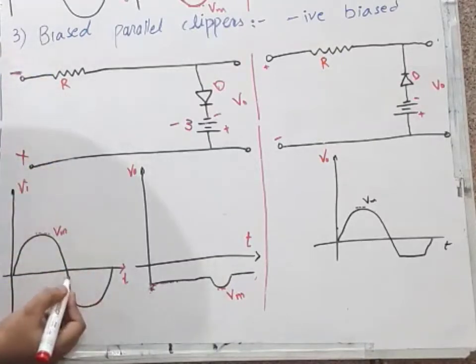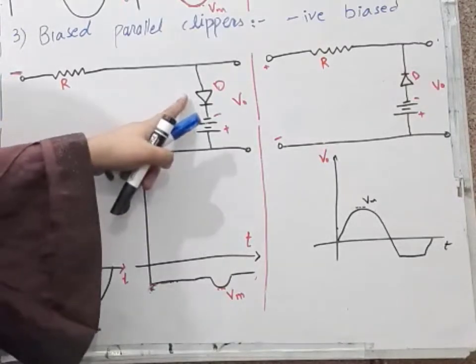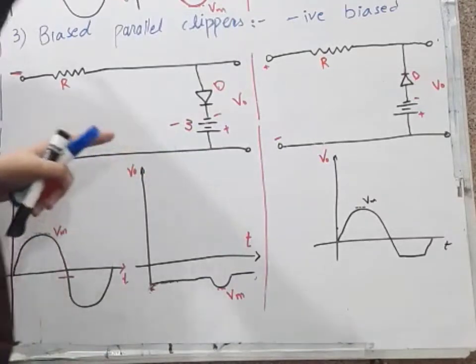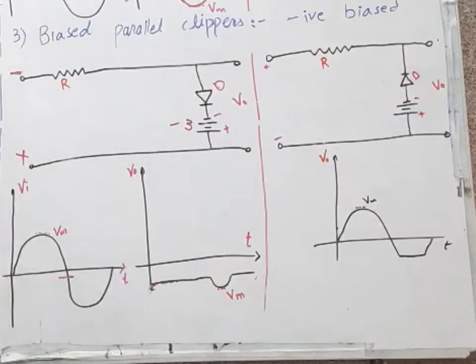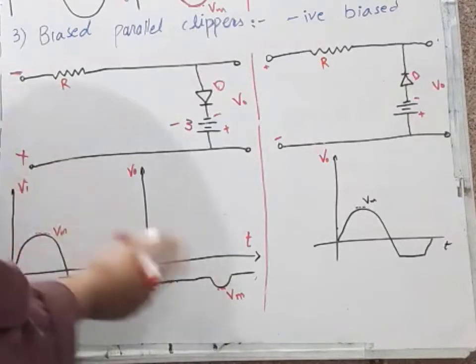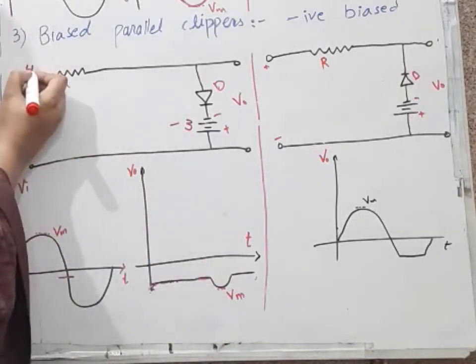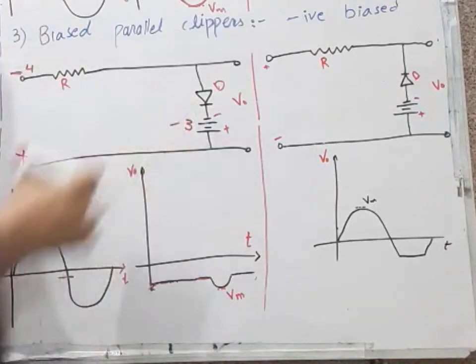For the negative half cycle, when there is -1, it is trying to make this diode reverse biased, but the battery is trying to make this diode forward biased. Now we have to guess who is winning, -1 or -3. We will get the potential of battery when here is -4, and it is trying to make this diode reverse biased.